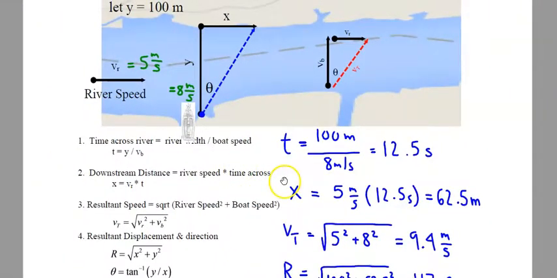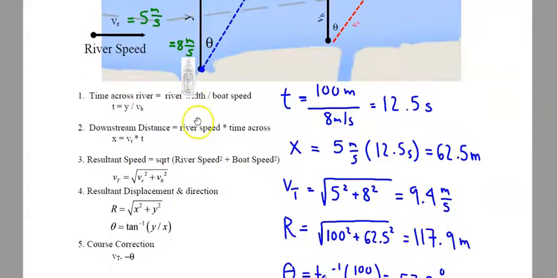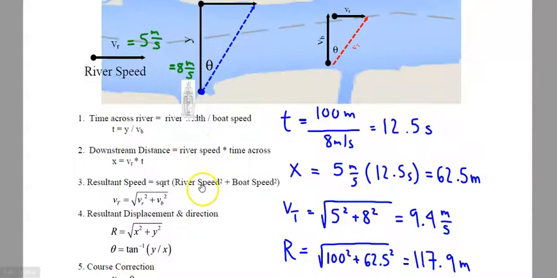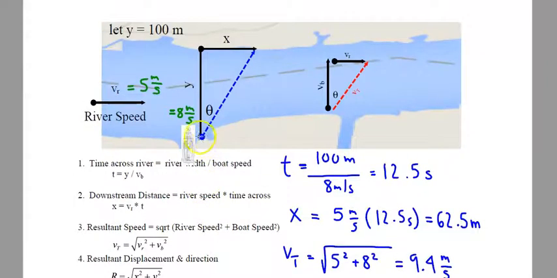And lastly, let's talk about course correction. Where would the pilot of the boat have to go in order to get straight across the other side and not have to make the passengers walk all the way upstream? Well, the answer is simple. The course correction is the negative of the angle. So he would point the boat upstream by the same number of degrees that it was being pushed downstream.